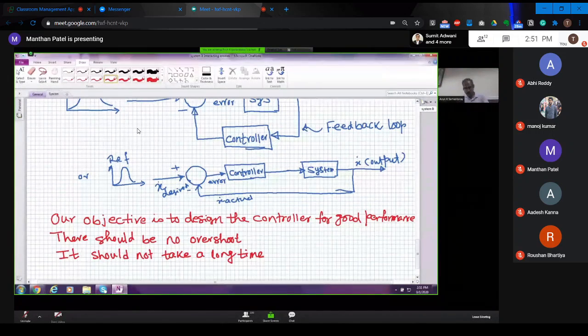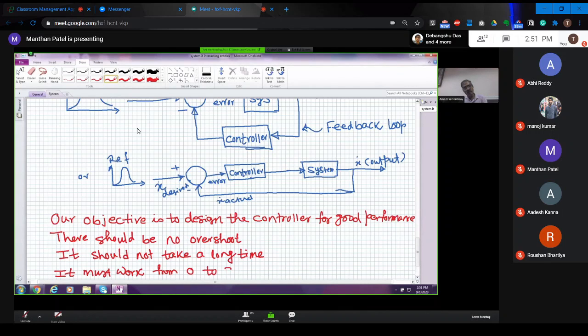Okay, these two are main objectives. You can also add it must work from 0 to, let's say, 8 people in thick. So these are let's say our control objectives.